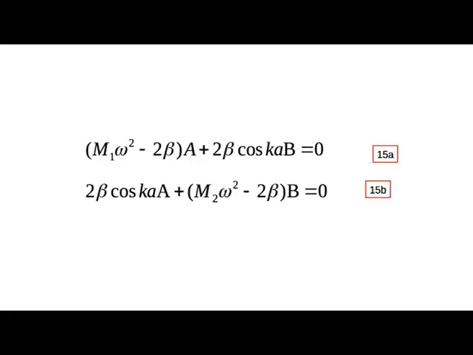So, equation number 13 and 14, if we rearrange them, can be rewritten as M1 omega squared minus 2 beta into A plus 2 beta cos k a into B equal to 0, and 2 beta cos k a into A plus M2 omega squared minus 2 beta into B equal to 0.